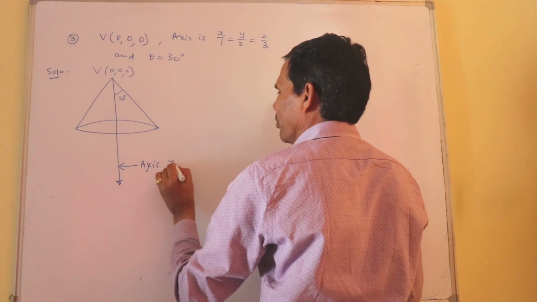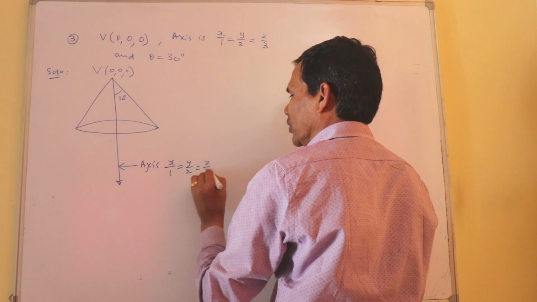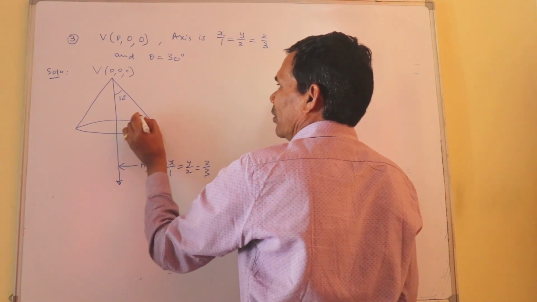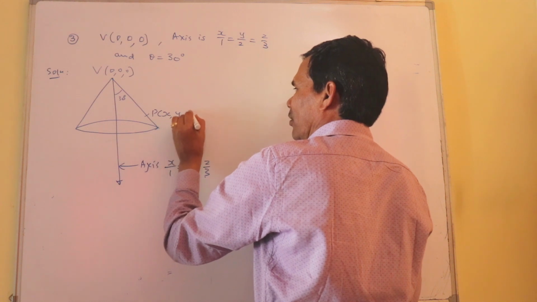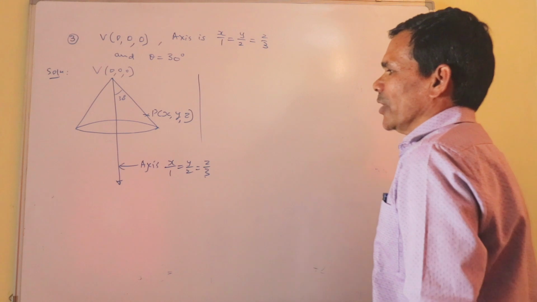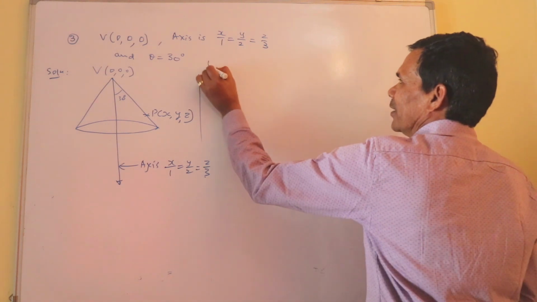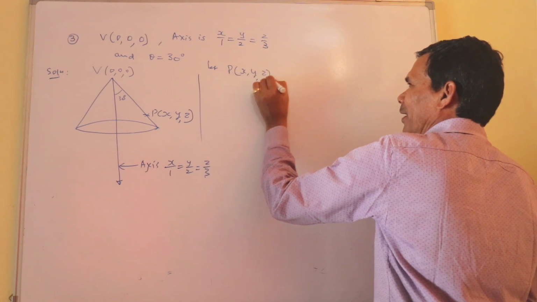Axis is x upon 1, y upon 2, z upon 3. And let P(x, y, z) be any point.